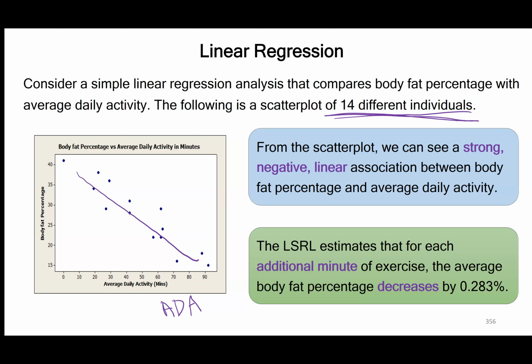Further looking at the slope coefficient, which is not shown here, the least squares regression line fit to this model says that for each additional minute of average daily exercise, the average body fat percentage is estimated to decrease by 0.283%. So a little more than 1/4%. One additional minute is probably not going to make a big difference. 15 minutes, 30 minutes, 60 minutes, that'll make a bigger difference.